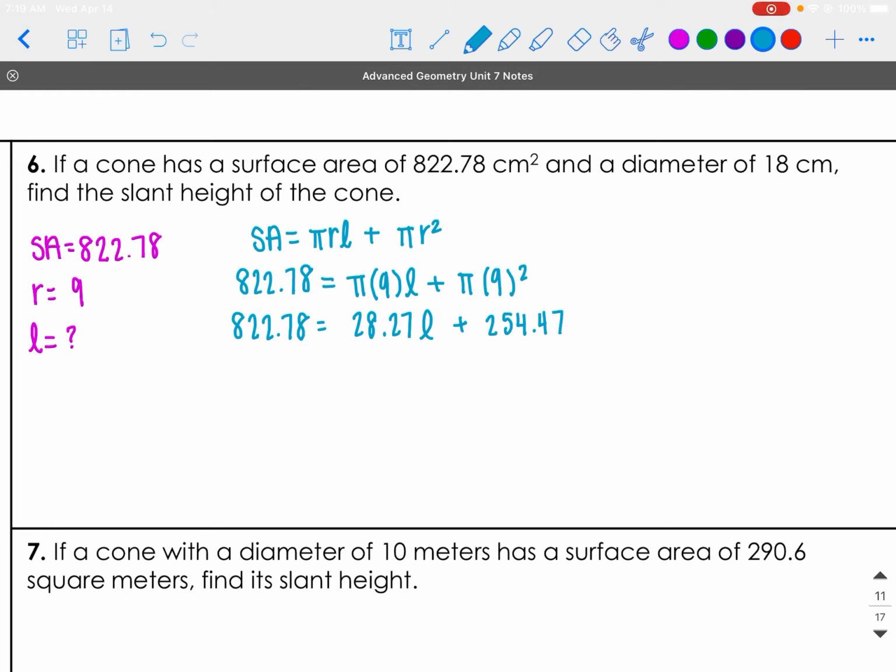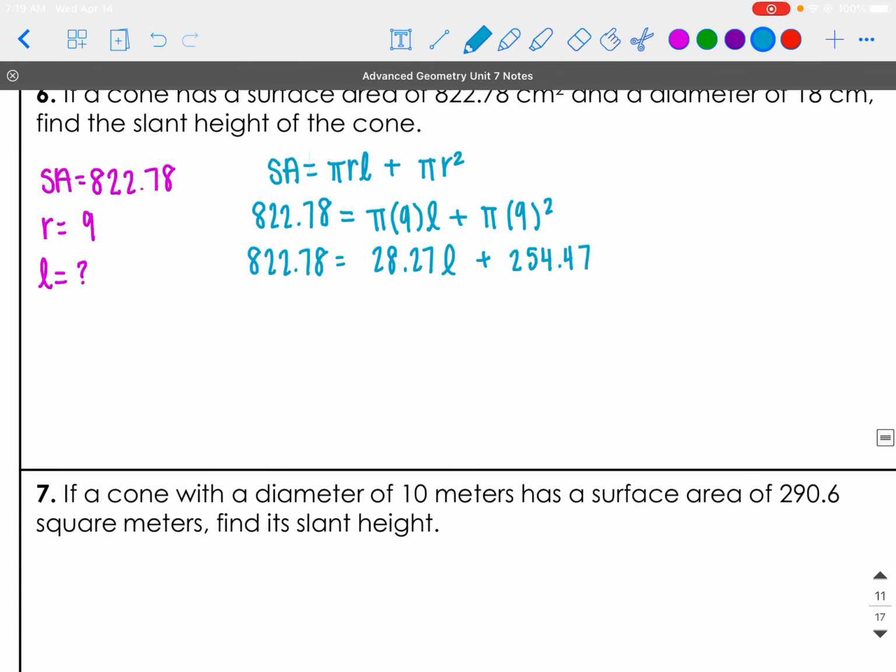And then we subtract the 254.47 to get 568.31, and then we divide. 20.1 equals L. So my slant height is 20.1 centimeters.